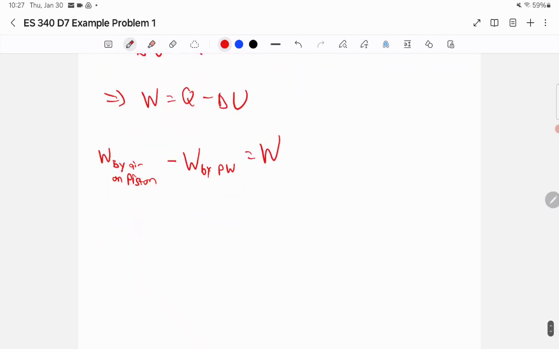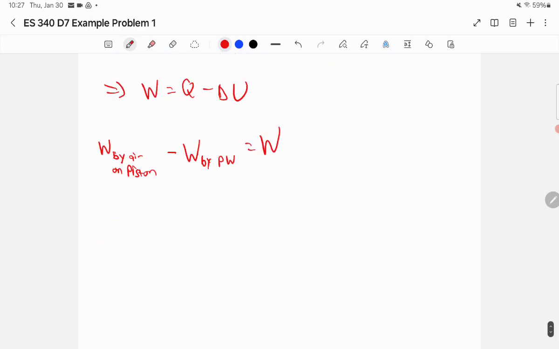That's what W is going to be. So I'll just say, to shorten this, W piston minus W PW is equal to Q minus delta U, capital U.